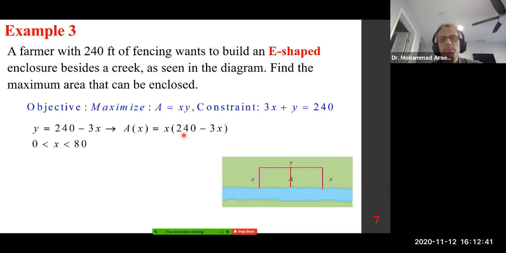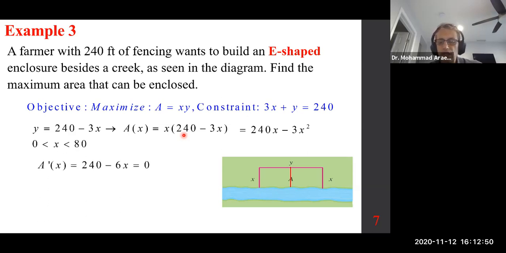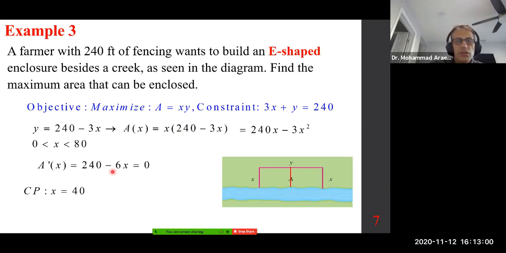So having said that, we multiply, finding the critical point, we differentiate 240 minus 6x. When we set it equal to 0, x becomes 40. Again, the second derivative test gives us negative. You don't have to evaluate much, just negative.